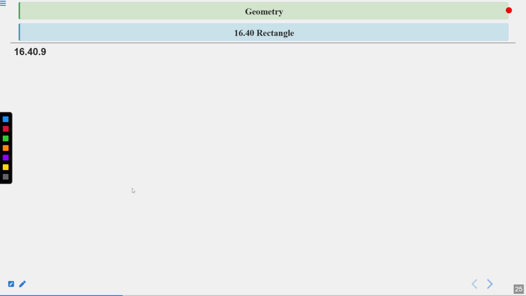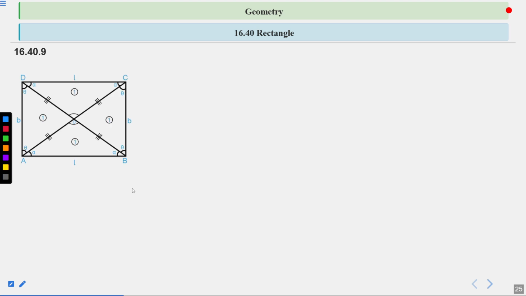16.40.9 of the rectangle formula. This is the diagram of the rectangle. Now BO is the median of triangle ABC. If we take triangle ABC, BO will be the median of the triangle because AO equals OC.